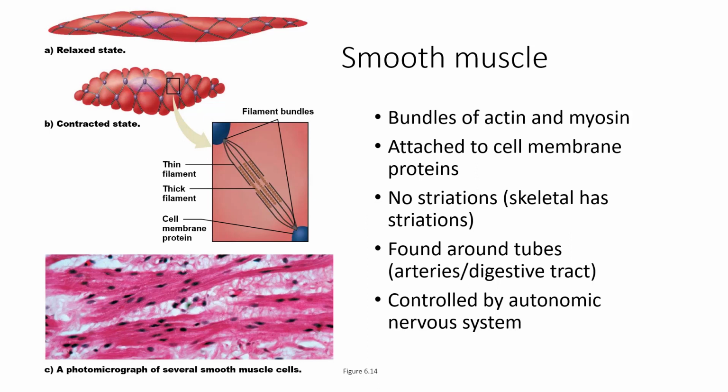And this autonomic nervous system will control your flushing of your face, like when you have your blood go to your face, by relaxing the smooth muscle around the arteries that supply your skin in your face. It also controls how much blood goes to your digestive system during the rest and digest response versus the fight or flight response. These are controlled by the autonomic nervous system and will be discussed at a later time. Cardiac muscle and smooth muscle are different types of muscle found in different places for different purposes that we will be looking at in later lectures.